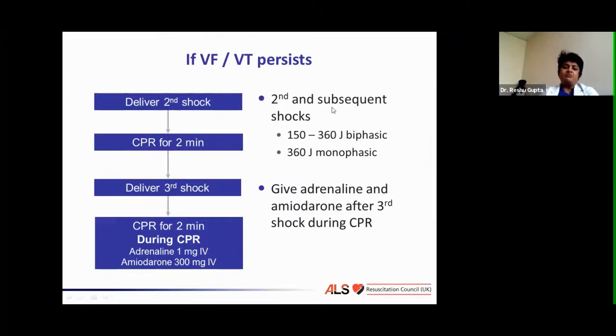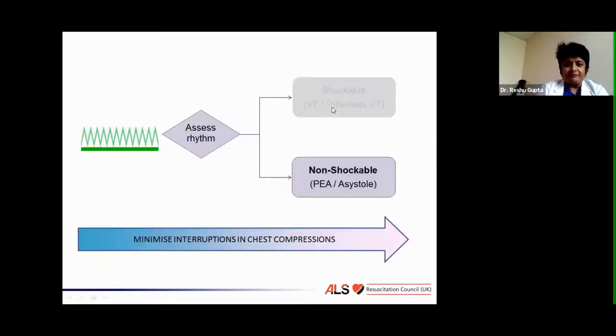We give amiodarone as a bolus of 300 milligrams IV after the third shock during the CPR. Adrenaline, as the BLS guideline says, is given every 3 to 5 minutes. And for the amiodarone, we say it should be given after the delivery of the third shock. So this completes the management of shockable rhythms.